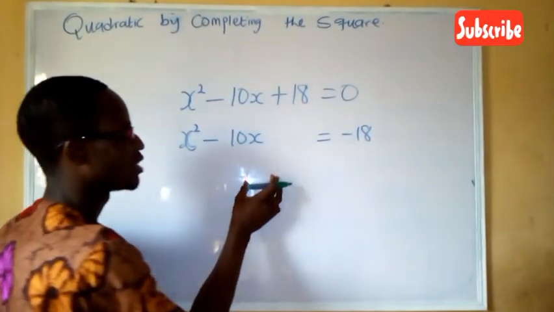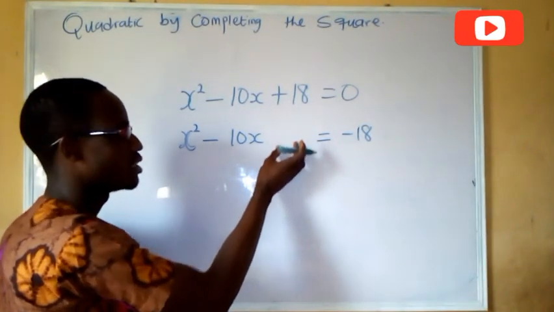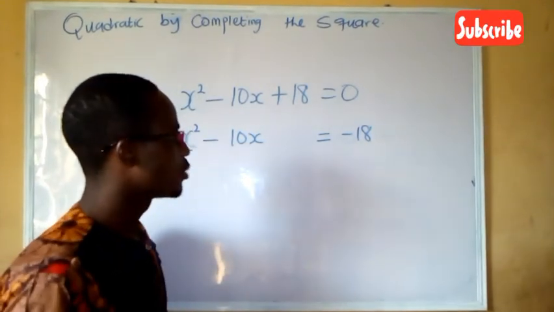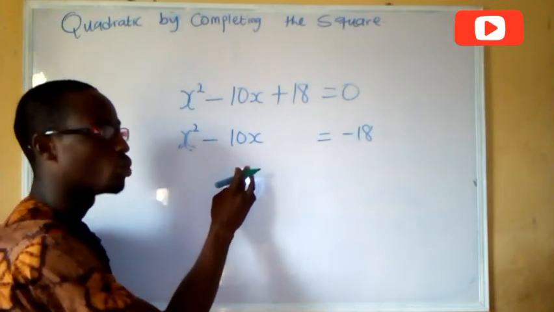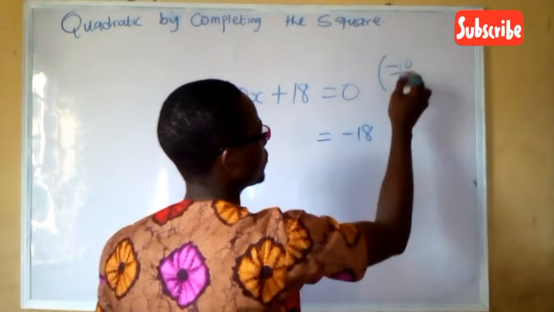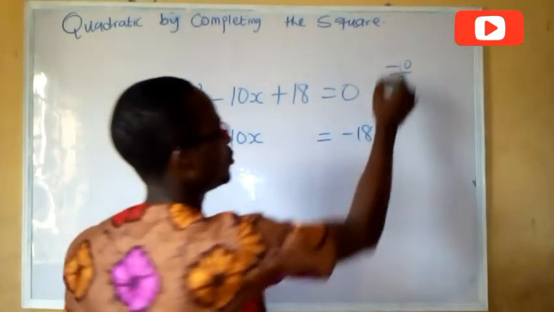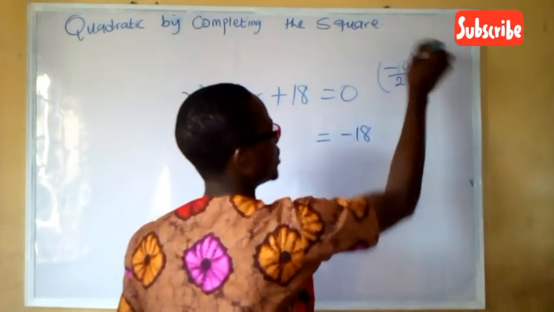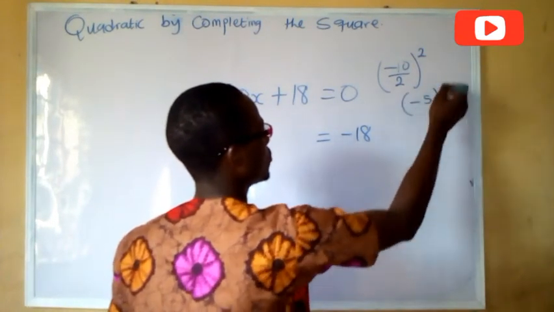Now, how can we get a number that will fit exactly into this point and enable this equation to be factorizable? What we're going to do is divide the b by 2, that is minus 10 all over 2. Then after doing that, we square our answer, so we have minus 10 all over 2 all squared, and that definitely gives minus 5 all squared.